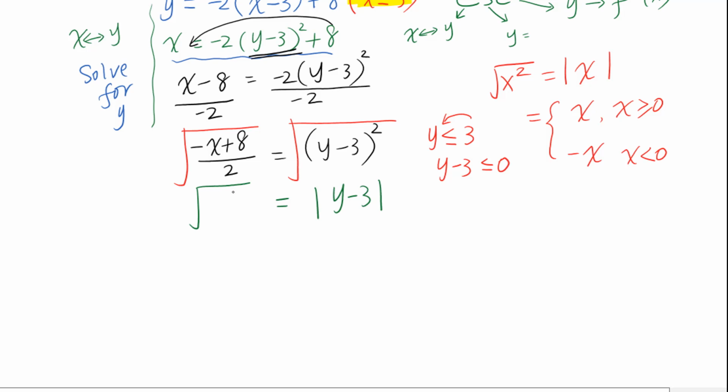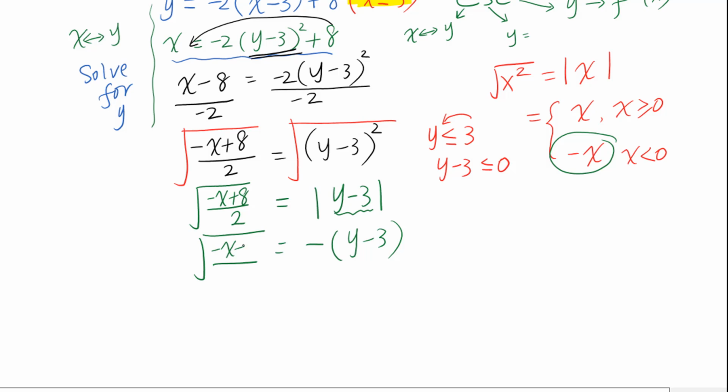Here, still the square root of negative x plus 8 over 2. Since y minus 3 is less than or equal to 0, this is a negative number, so we will get its opposite. We put the negative sign before y minus 3.